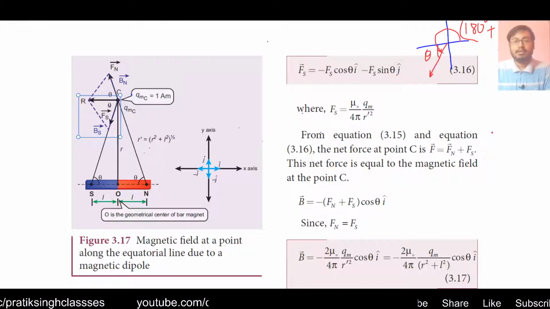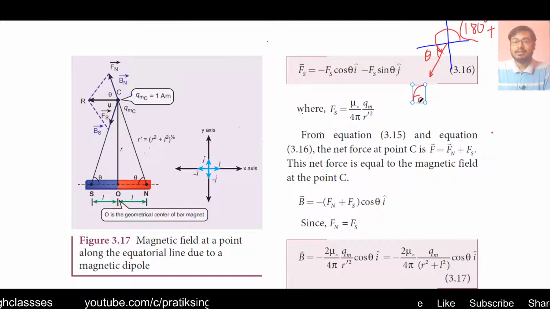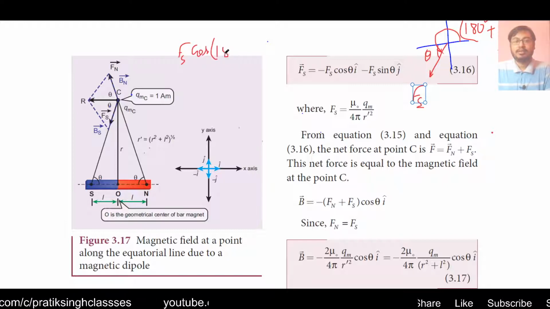So here the component of Fs, because it lies in the third quadrant, its x component will become Fs cos of 180 degree plus theta.